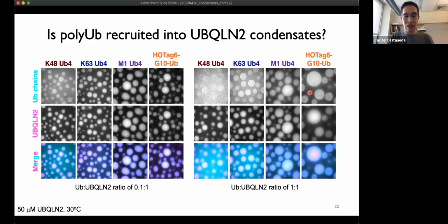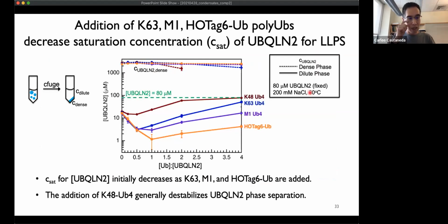We can quantify this. We ended up doing this by a centrifugation experiment where we would induce phase behavior of ubiquilin or ubiquilin and these polyubiquitin chains. We will centrifuge, and we'll get the dilute and the dense phase. We can measure the concentration of the protein in the dilute phase.